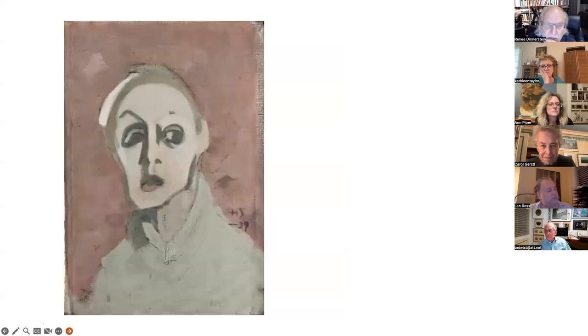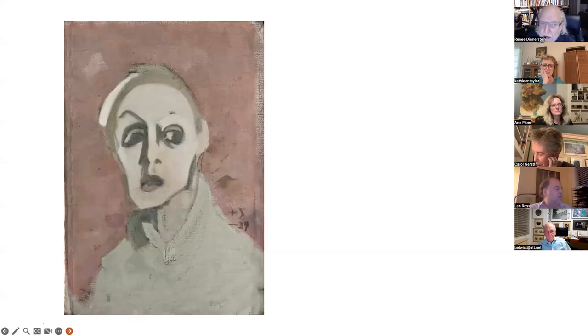So these are now quite advanced. She's possibly in her 70s now. And these are not big, like 16 by 12, 18 by 12, something in that area.